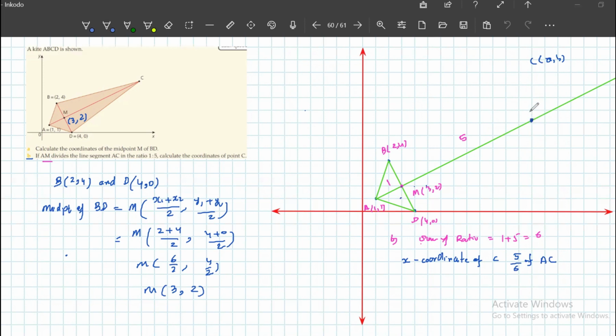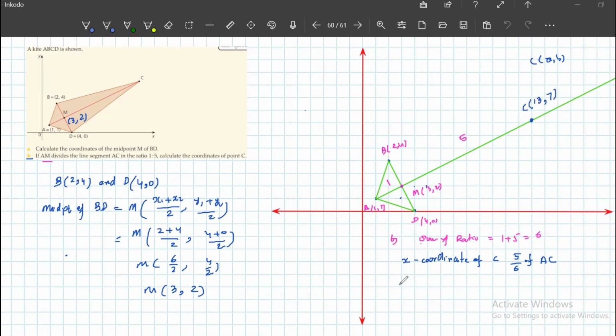we'll get exactly this point C, which, if we check from the coordinate system, is 1 2 3 4 5 6 7 8 9 10 11 12 13, and 7 units up.